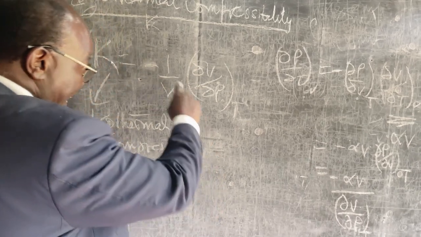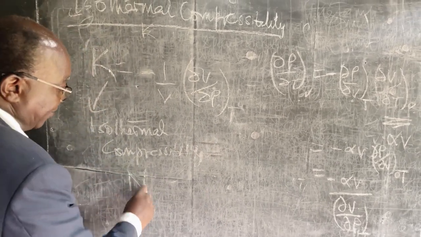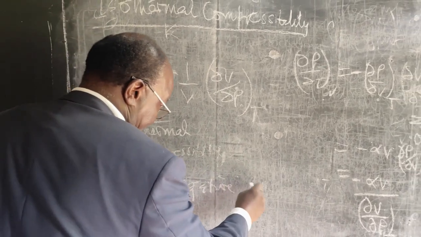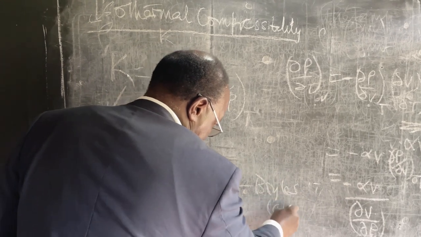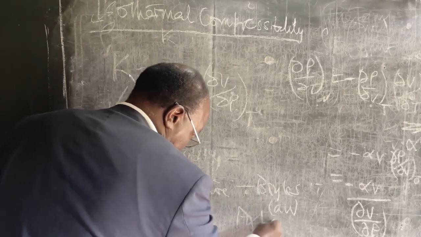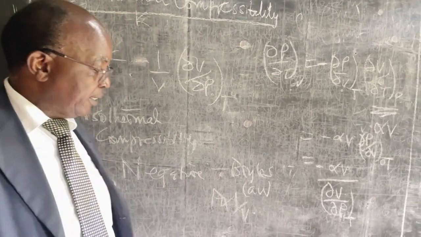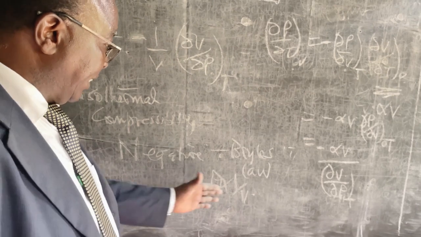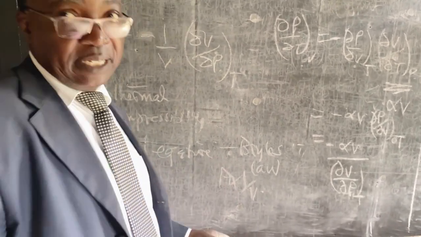So the negative sign takes care of the element of Boyle's law, where pressure is inversely proportional to volume. In other words, as you increase the pressure, the volume decreases, and as you decrease the pressure, the volume increases. So it takes care of that inverse proportionality between pressure and volume.